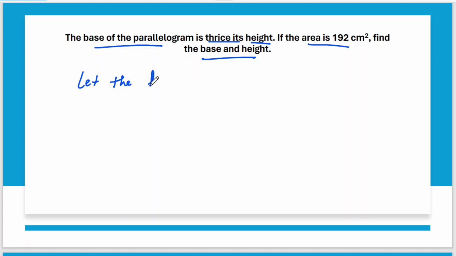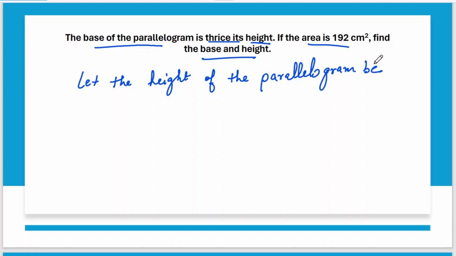Let the height of the parallelogram be x unit.